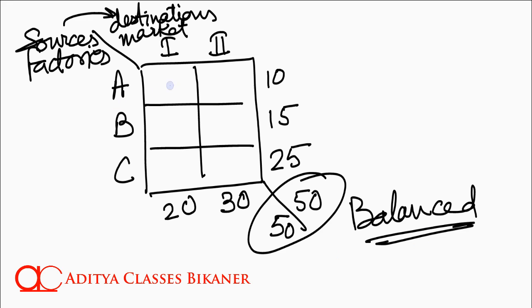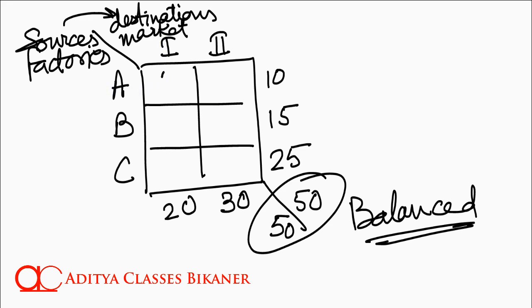Now, this matrix is telling me that I have three sources or factories A, B and C with respective capacities of 10, 15 and 25. Then there are two destinations or markets with demands of 20 and 30. Suppose I transport one unit from A to the first market.